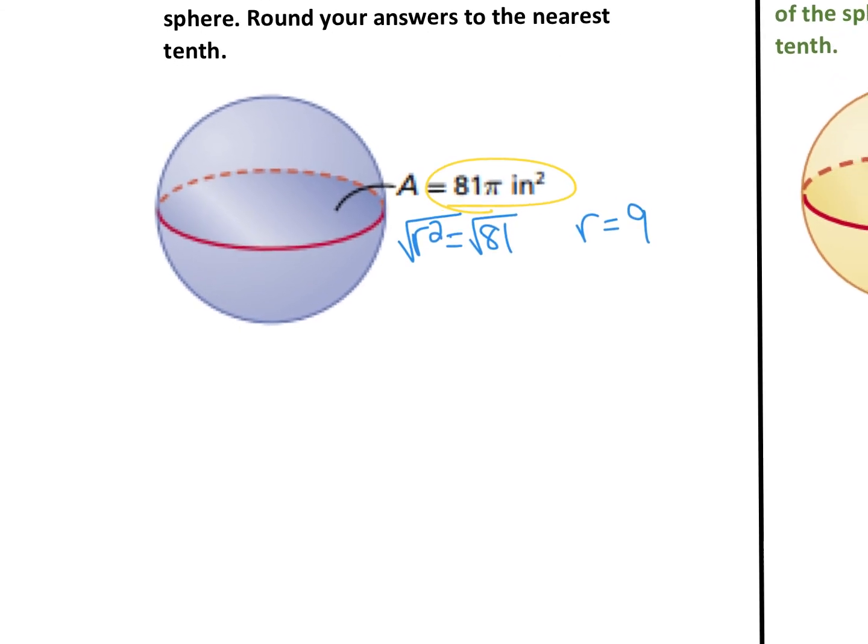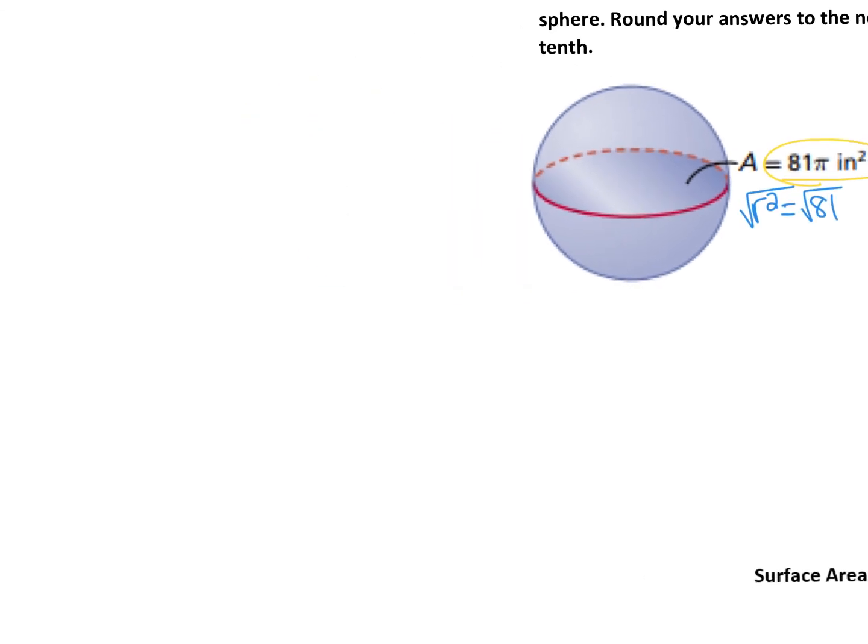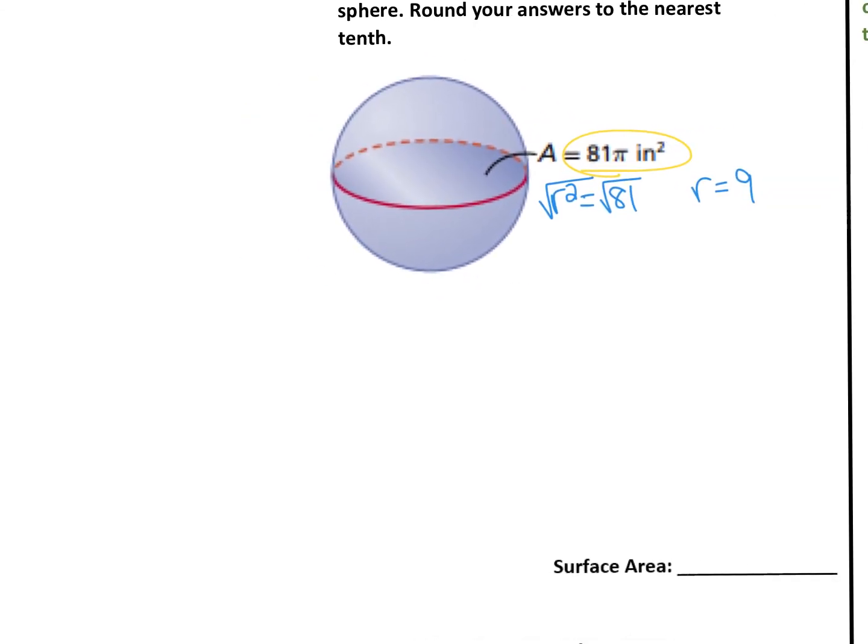Okay. Now it's no different than that previous work that we've done. Okay. So I'm going to use those formulas. I can use either the 4 pi r squared, because I have r for my surface area, or I can go ahead and use the 4a, because I know a is the area of that great circle. Well, that's going to be 81 pi.